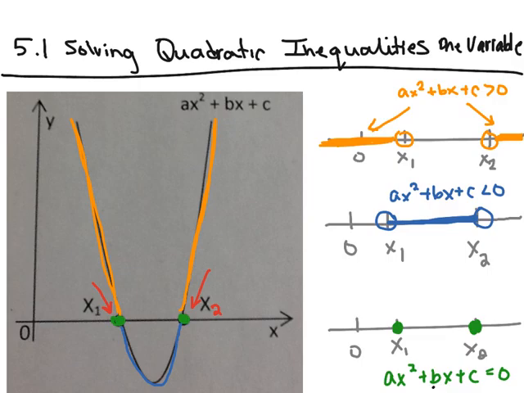The important thing to remember is that when you're including your x values, you fill in your circle, and when you're not including them, you leave an open circle. So this orange one will satisfy anything where you want your answer to be a positive answer. The blue one will satisfy when you want to find a negative answer, and the green one will be when you want it to equal 0.